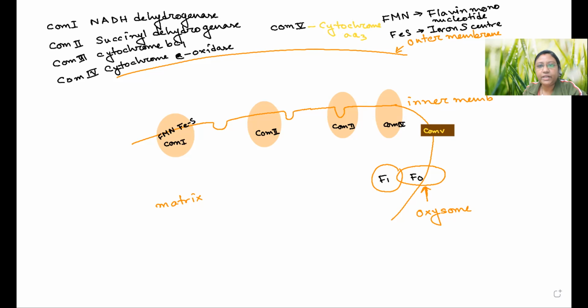When we talk about electron transport, we know that by TCA cycle, by glycolysis and by intermediate pathway, continuously there will be production of NADH H plus.